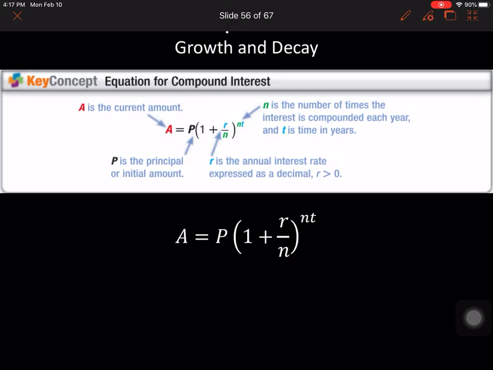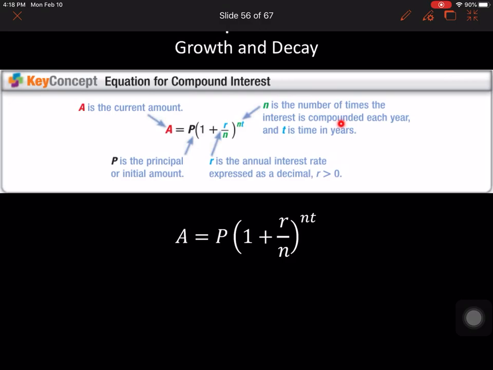T is still going to represent time. This time T is going to be specifically time in years. And N, that shows up in a couple of different places here, N is the number of times interest is compounded each year. In other words, how many times each year are we going to add interest?